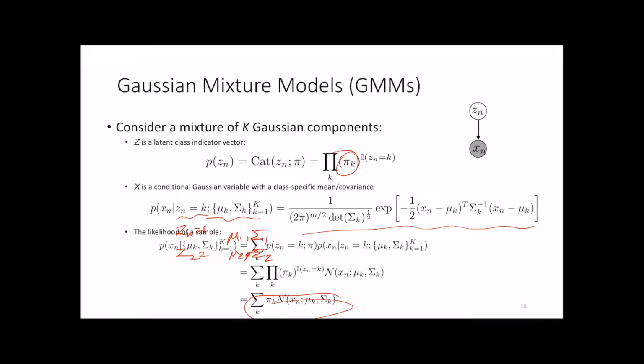So this is a very simple example, of course. But one of the problems here is that although this is coming from an exponential family, and this is also coming from an exponential family, when I integrate z out, this is not an exponential family.